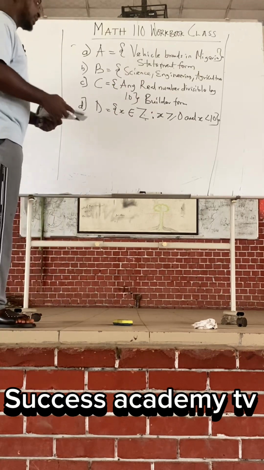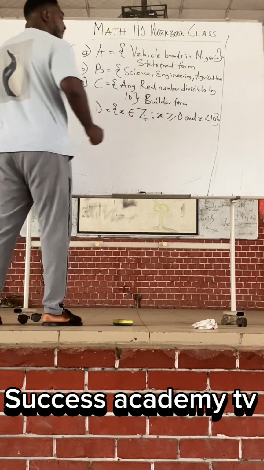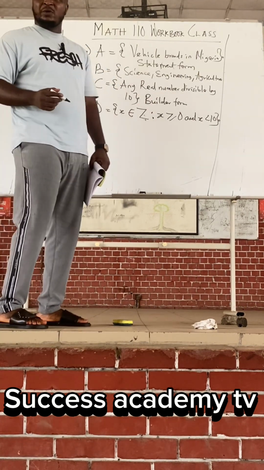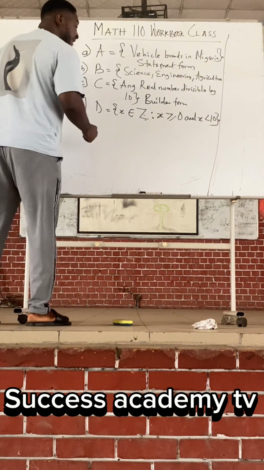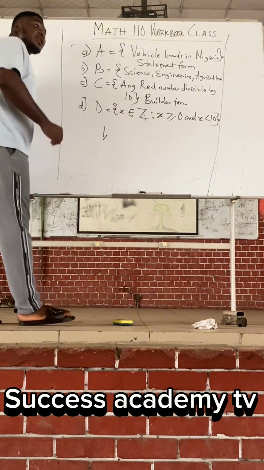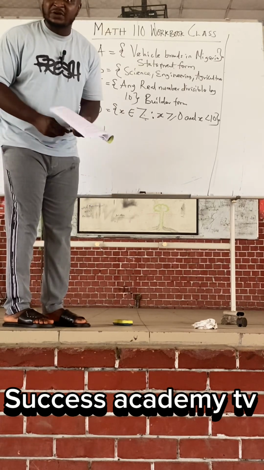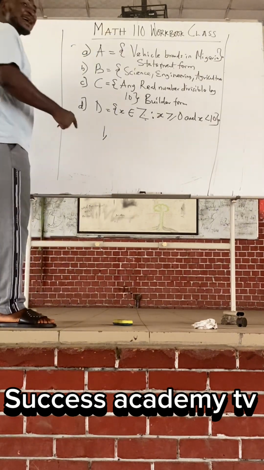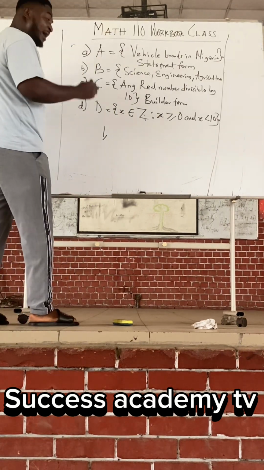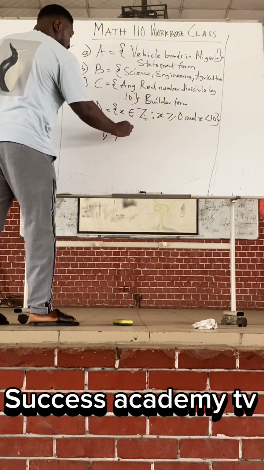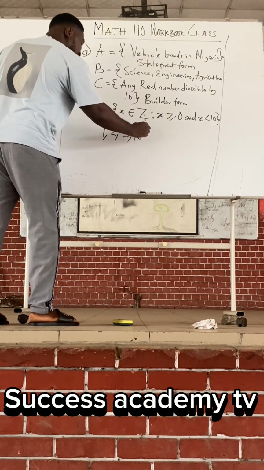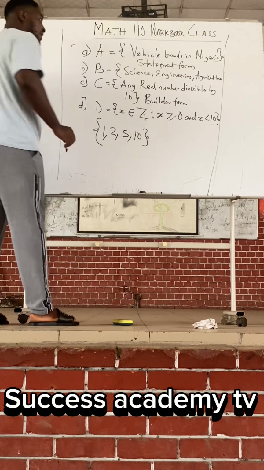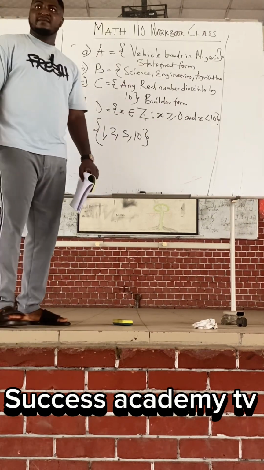Set C, any real number divisible by 10. Who are the real numbers that are divisible by 10? They are just simply asking for the factors of 10, numbers that 10 can divide without any remainder: 1, 2, 5, and 10 itself. Class, these are the members of this set C.